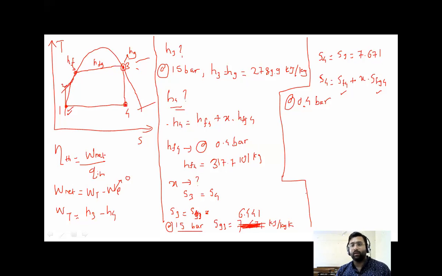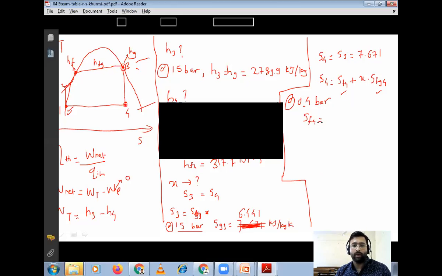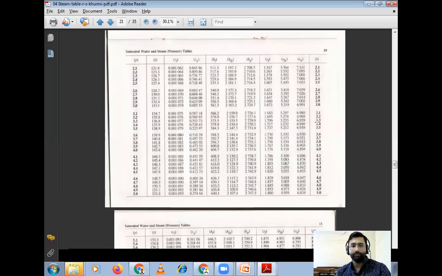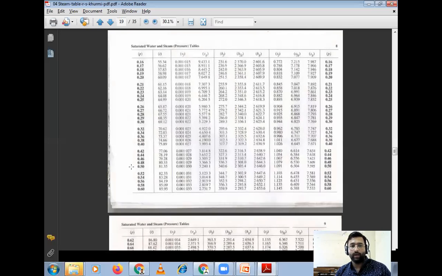Now at 0.4 bar, SF4 will be what? Go to the 0.4 bar. At 0.4 bar, SF value is 1.026. Somebody write it down.